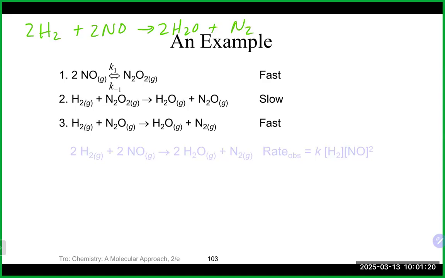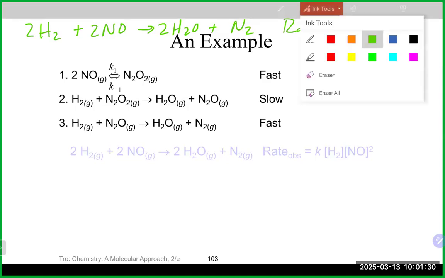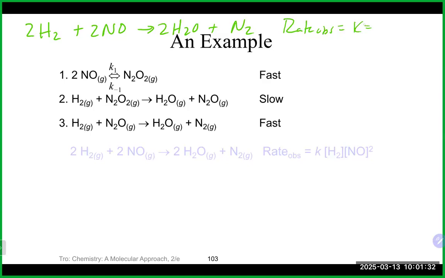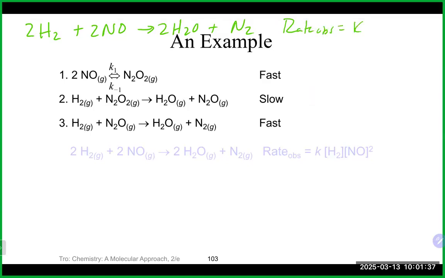And the observed rate law, or really the experimental rate law, is rate equals K times the H2 concentration times the NO concentration squared in this case.